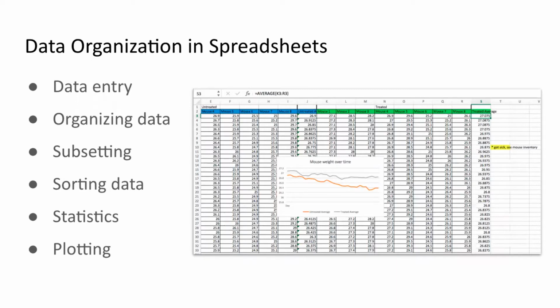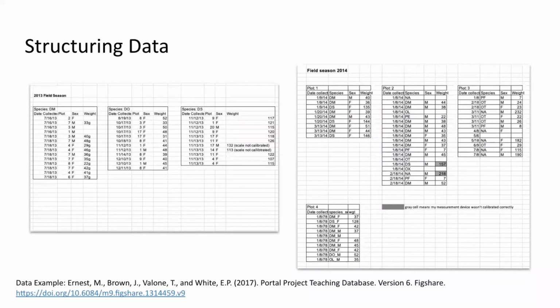Specifically, computers don't understand those notes or any sort of formatting or color coding. And calculations, graphs, and tables embedded within our spreadsheets are often inefficient. And then one of the main issues is how we structure our data in our spreadsheets.